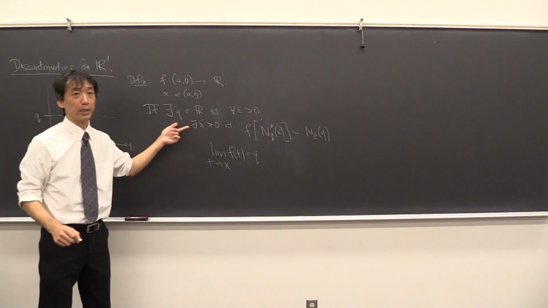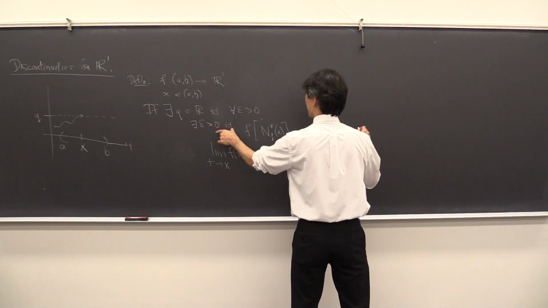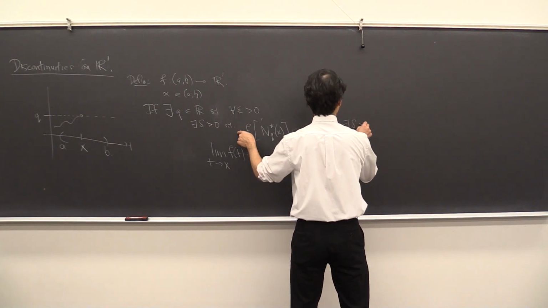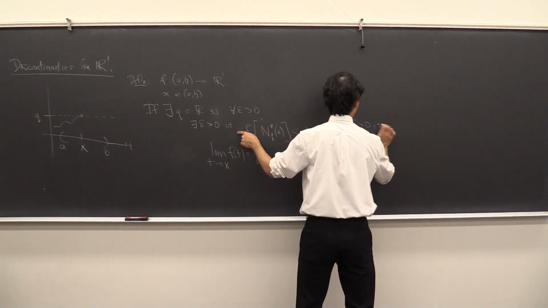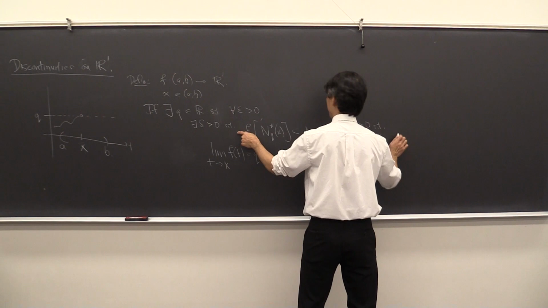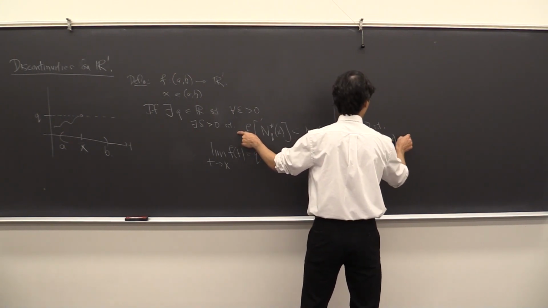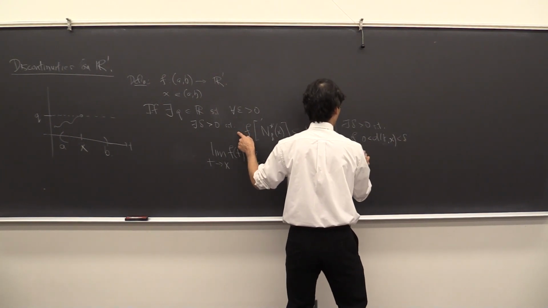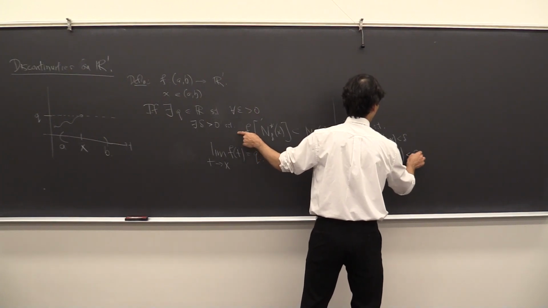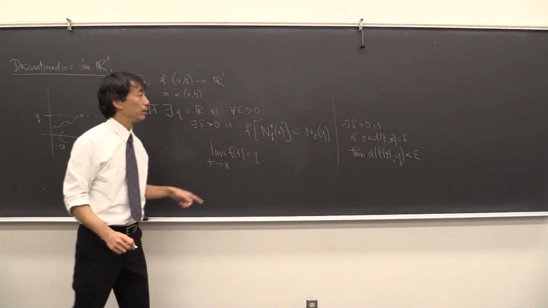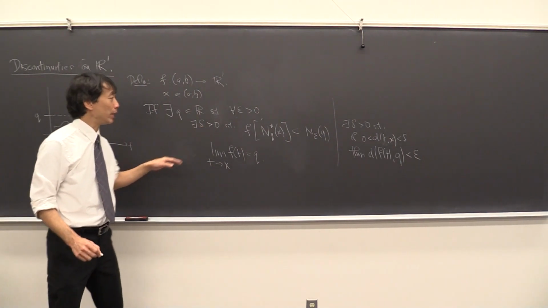That's the full-blown limit definition. Or if you like, you could write it as: there exists a delta such that if the distance of t from x is smaller than delta and greater than 0, then the distance of f(t) from q should be smaller than epsilon. So that's the original limit definition.